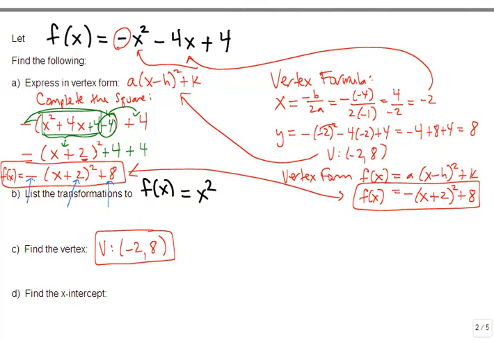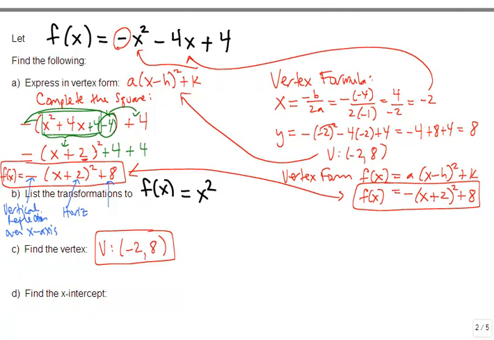So a negative on the outside of your function is a vertical reflection over the x-axis. That flips us upside down, which is why this parabola is going to point upside down. The plus 2, because it's inside next to that x, that is a horizontal shift.